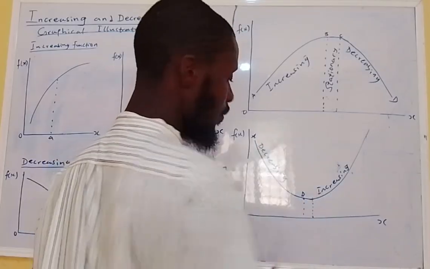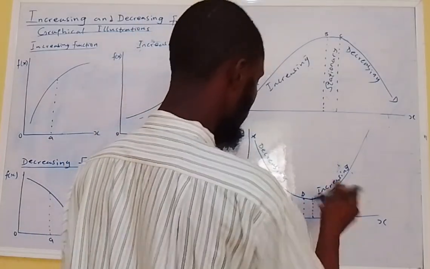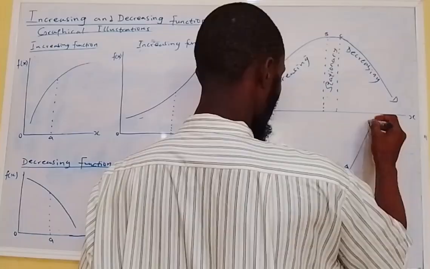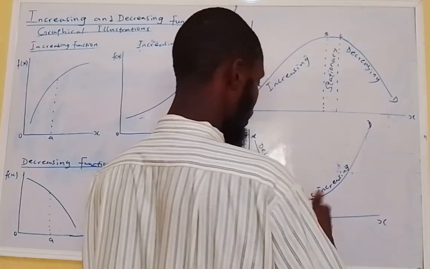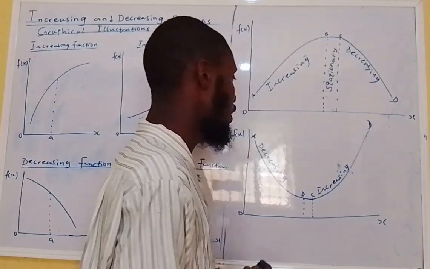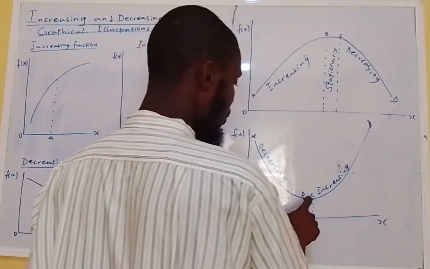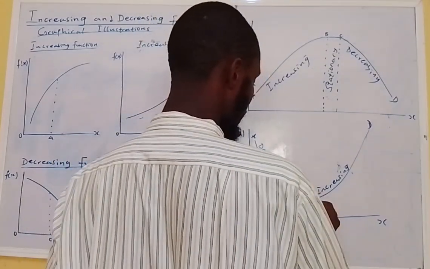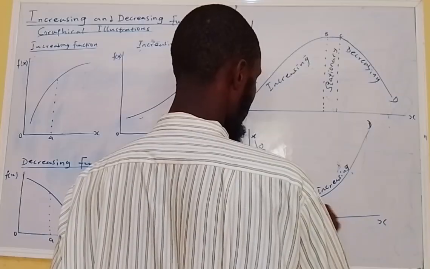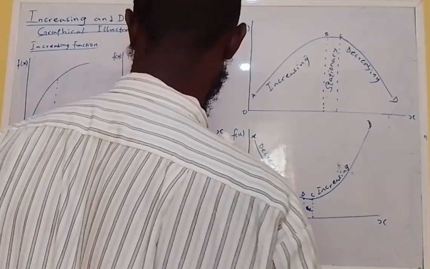It represents a decreasing function. If you look at this, let's say this is C, this is D. From C to D, you will see that the graph is rising. So this part represents an increasing part of the function. Between B and C, that represents a stationary part of the function.